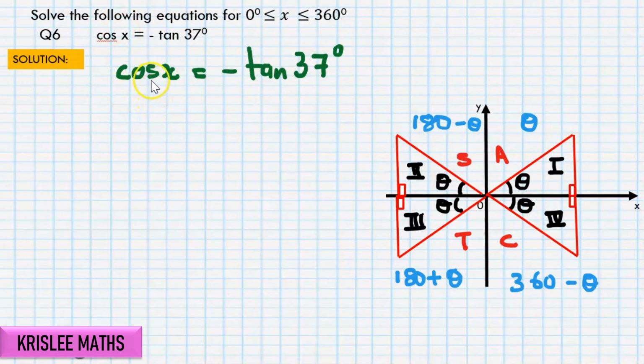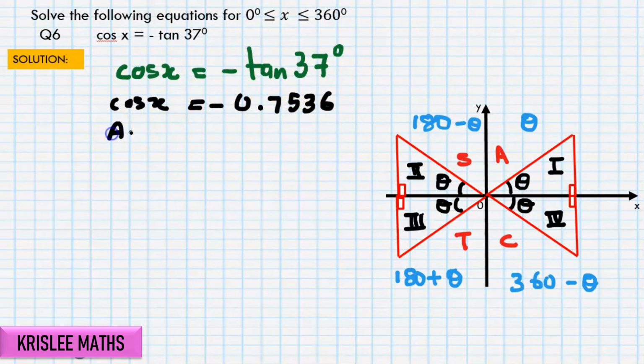Question 6. Cos x equals negative tangent 37. Okay, so here you need to find the value of tangent 37. So use your calculator and get the value. You'll get negative 0.7536. So cos x here equals negative 0.7536.